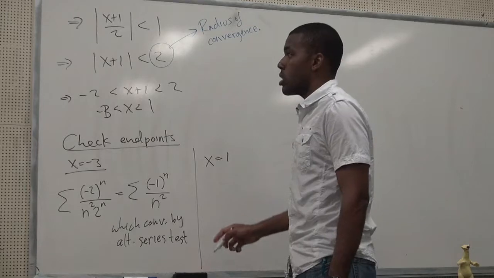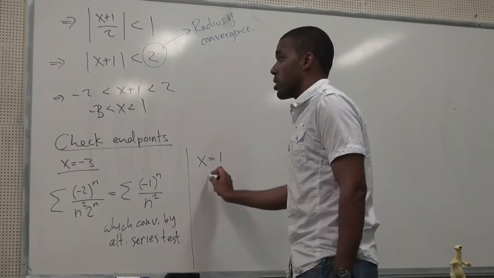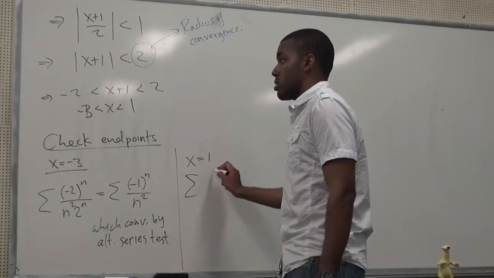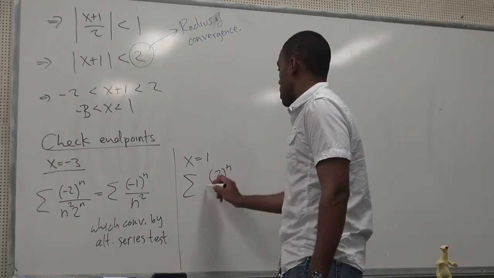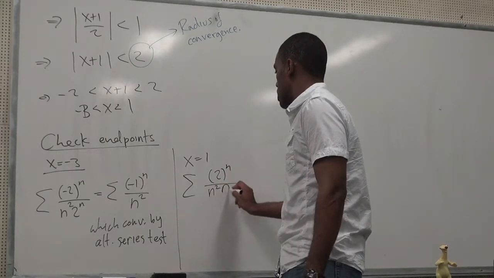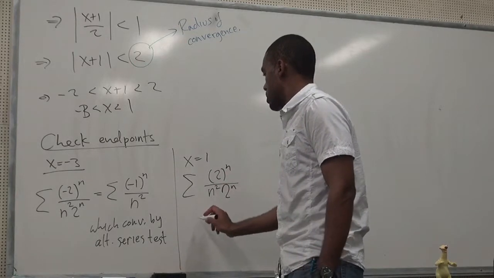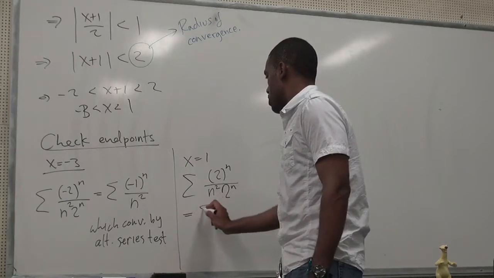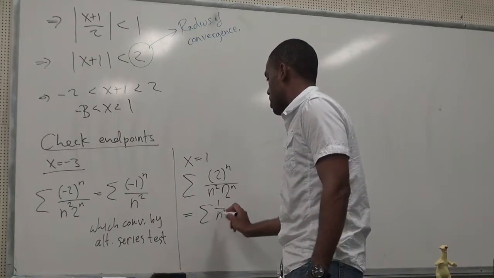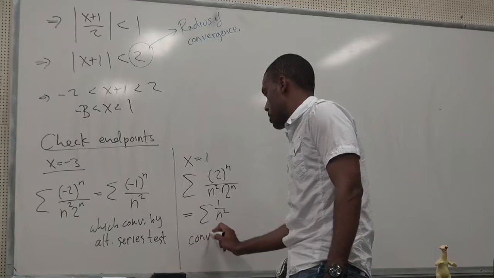When x equals 1, I plug in 1 here. I get 2 to the n over n squared times 2 to the n. That's just equal to the sum of 1 over n squared, which is a convergent p-series.